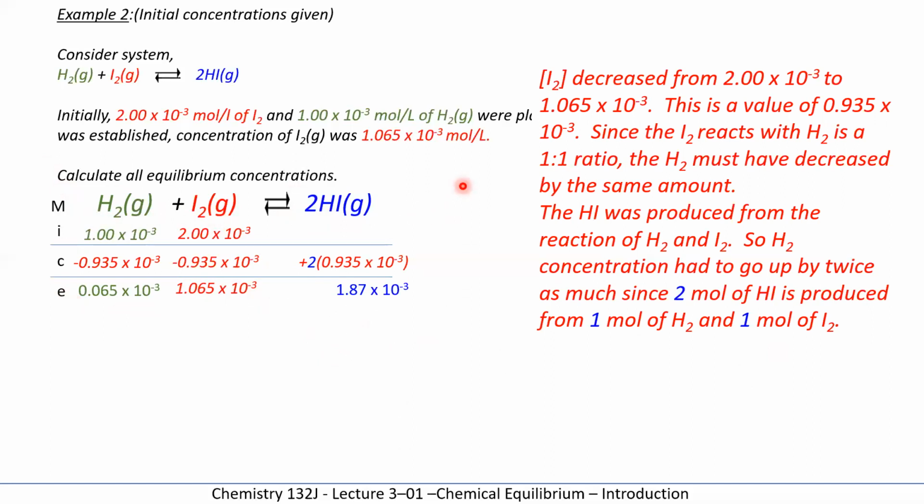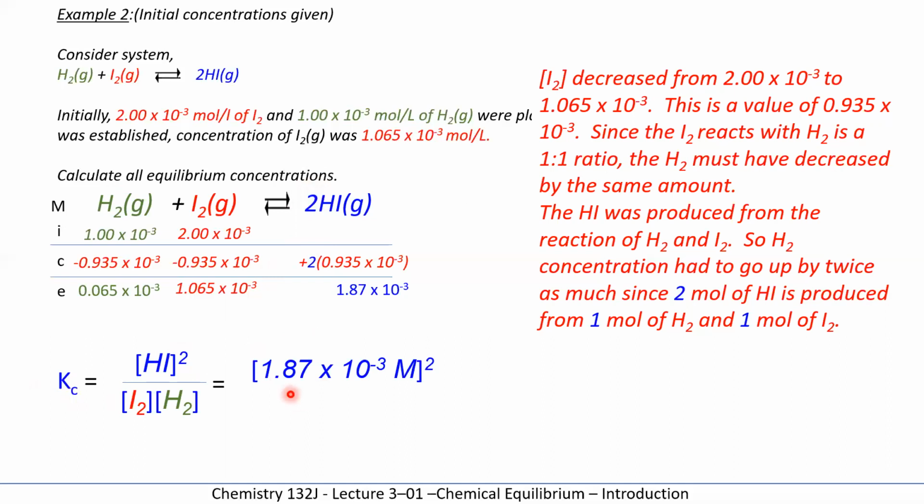So we are now ready to calculate, because they're in moles per liter, the Kc for concentration. It's going to be equal to the hydrogen iodide concentration squared, divided by the concentration of iodine, divided by the concentration of hydrogen. The most common mistake students make is forgetting the 2 here, they forget to square the hydrogen iodide.